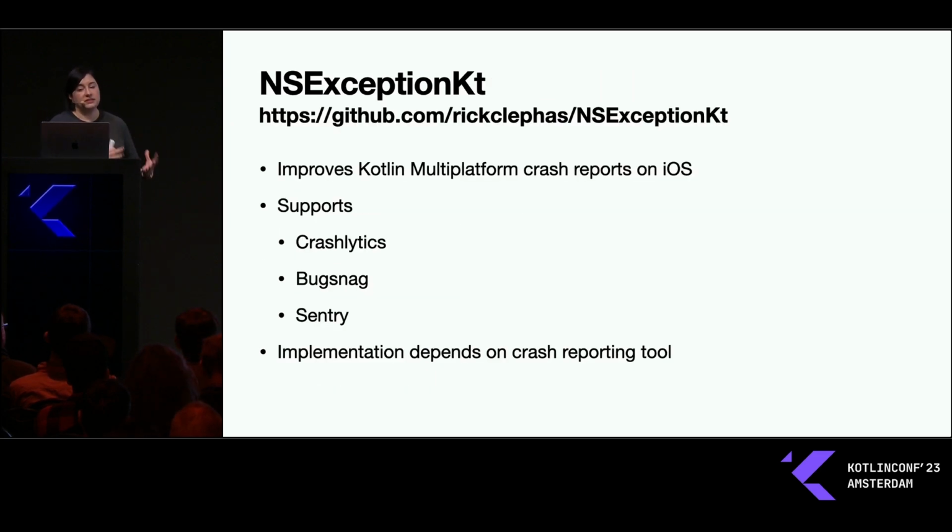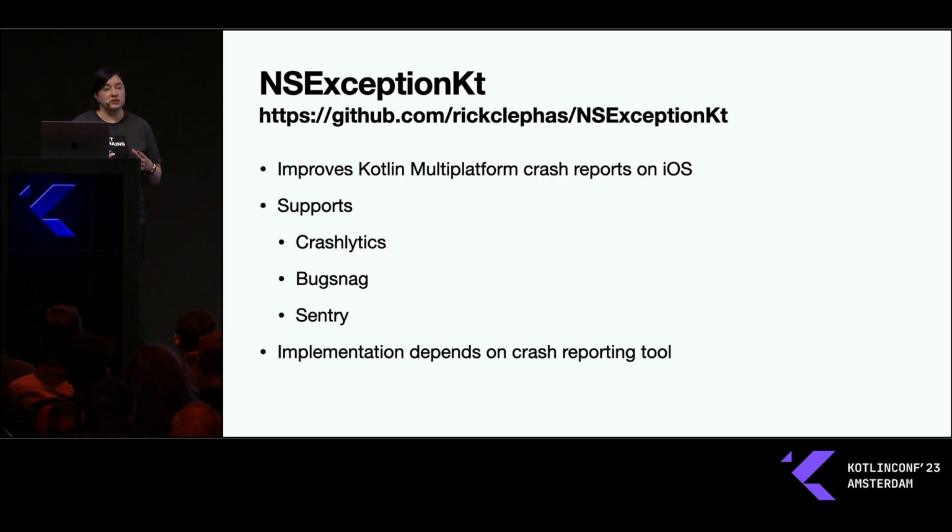So there is a solution for this, and the community has come together to actually find something and develop it to improve crash reports on iOS. So the first library is NSExceptionKT, and it's going to make sure that you have more helpful reports that make it sensible to understand what actually caused the crash.